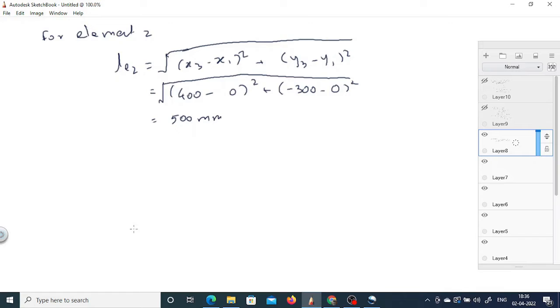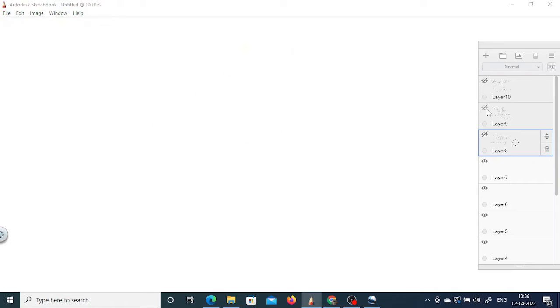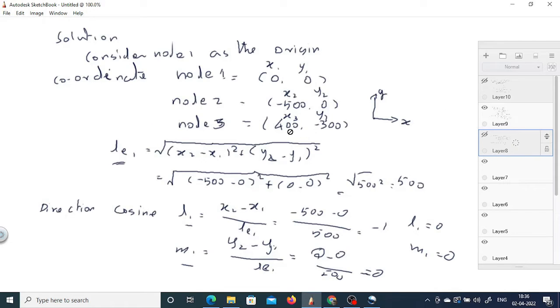After that, we should identify the direction cosines for element 2. For this I can write the formula L2 is equal to x3 minus x1 divided by Le2, which is the formula. What is the x3 value? According to our problem, x3 is 400 and x1 is 0.